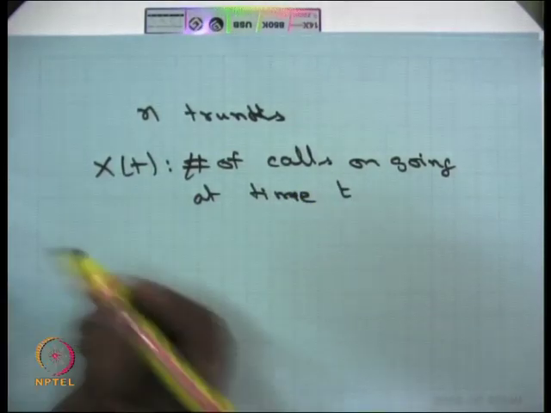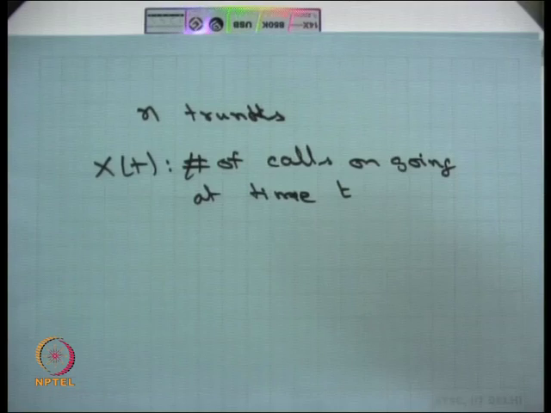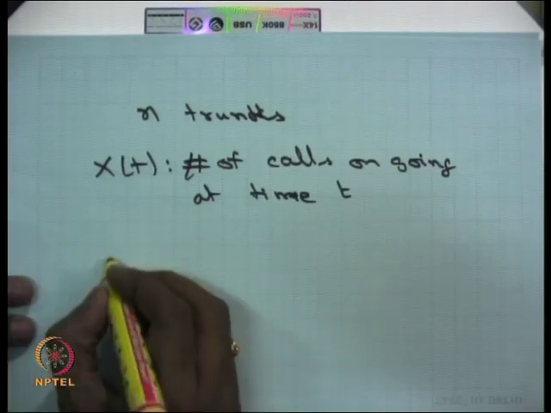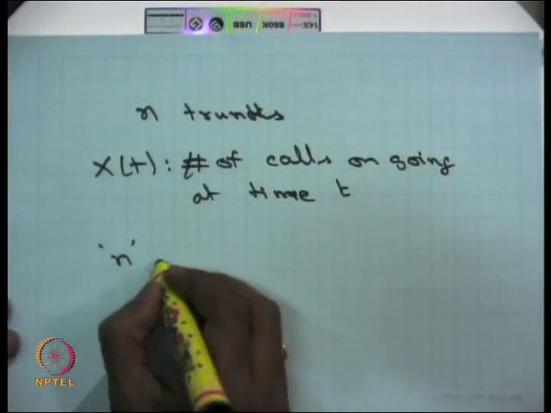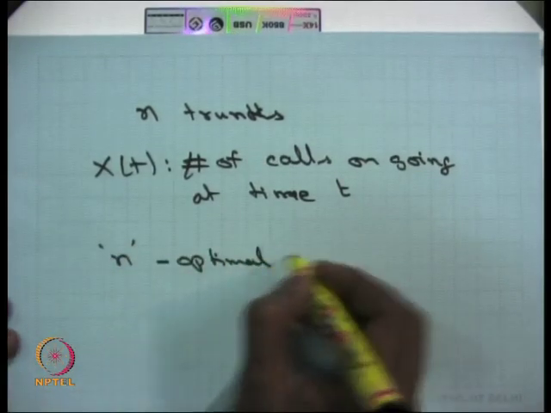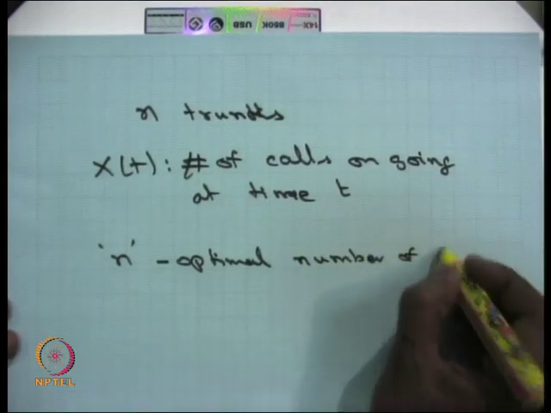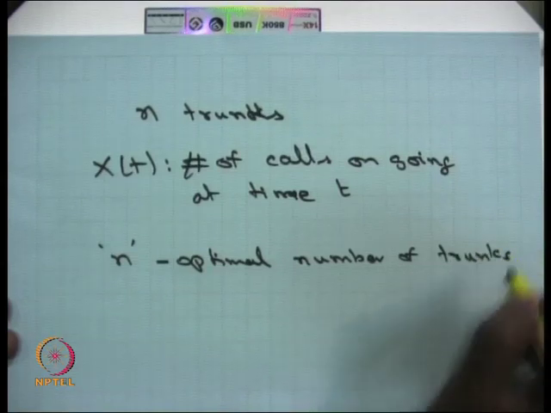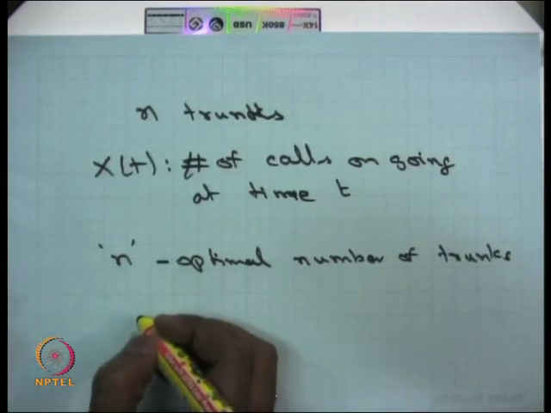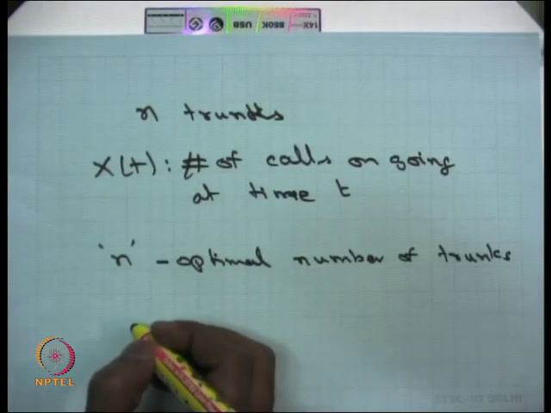Here also the dynamics of X_t keep changing from 0 to n over time, and my interest will be how I can do the service in such a way that more calls will be entertained, as well as how I can find the optimal number of trunks such that I can minimize the waiting time or maximize the revenue.